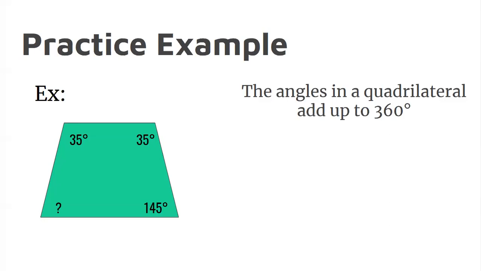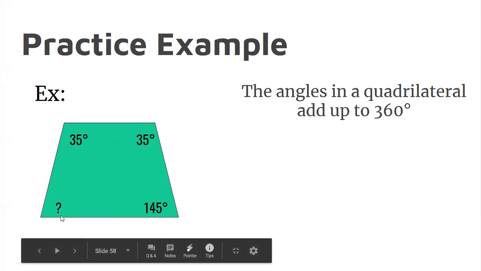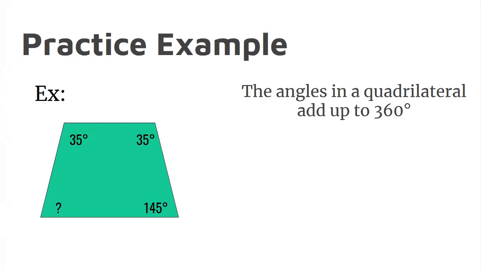Okay, so we got this trapezoid, 35-degree angle, 145, and a question mark. I'm not sure if you learned this yet or not, but this question mark represents a variable, and a variable basically just makes our life easier. You'll learn it. I can't explain it well, but you'll learn it.